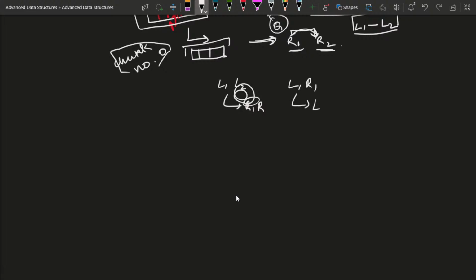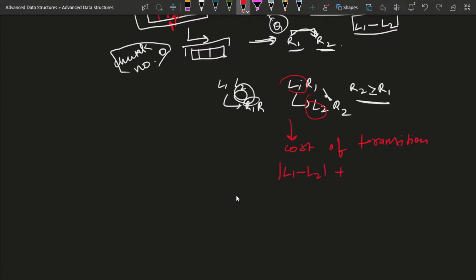I am definitely sure that R2 is greater than R1, because I am sorting my queries in this way, and I am also sure that L1 and L2 are present in the same chunk. So the cost of this transition would be mod of L1 minus L2 plus mod of R1 minus R2.